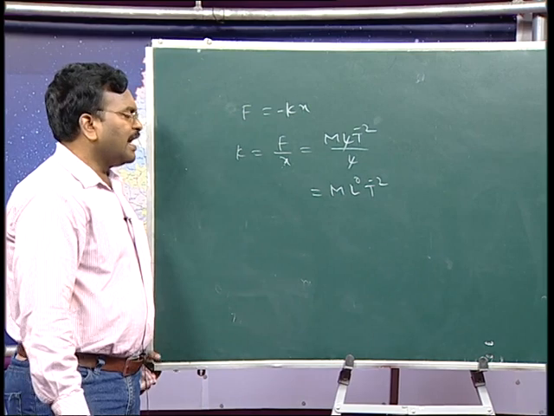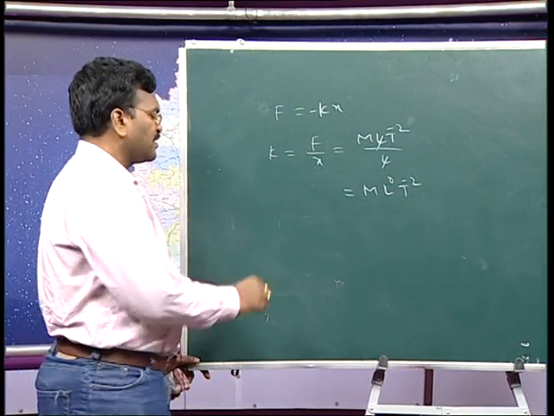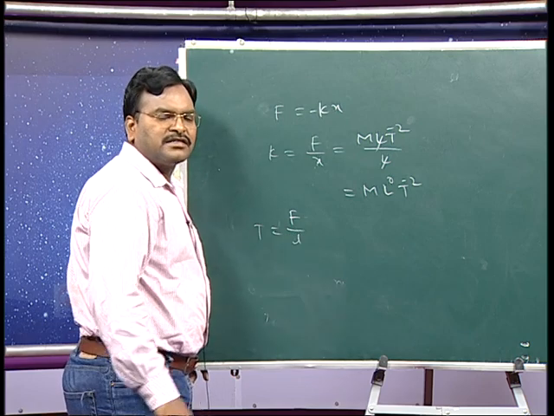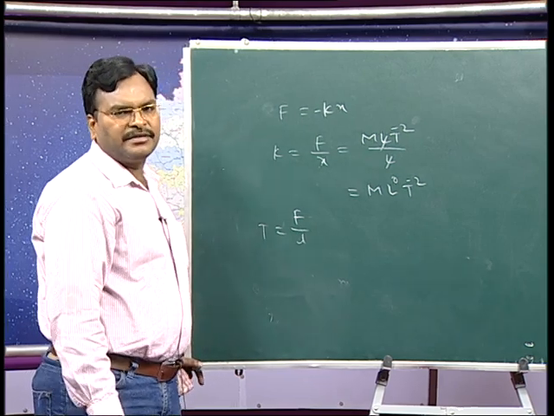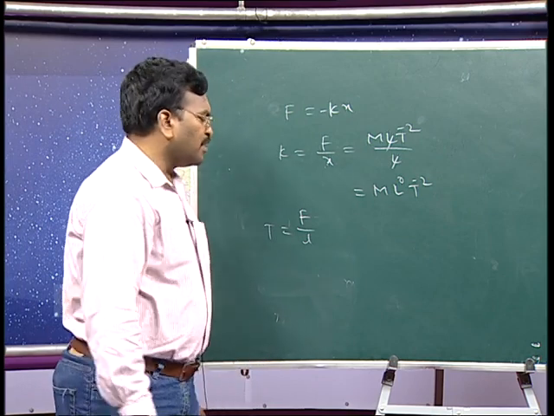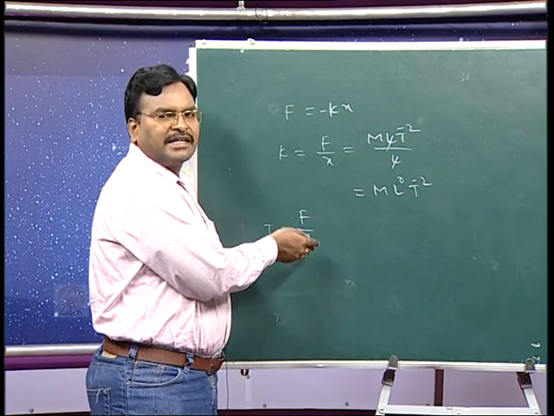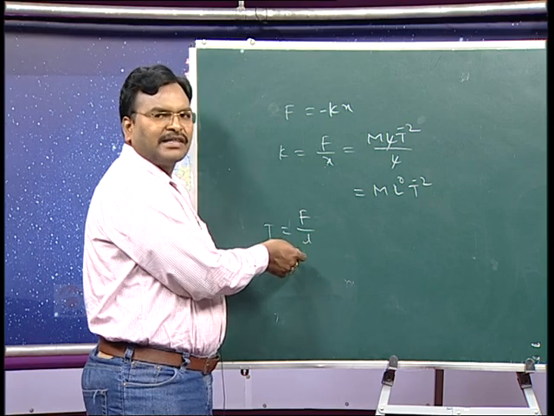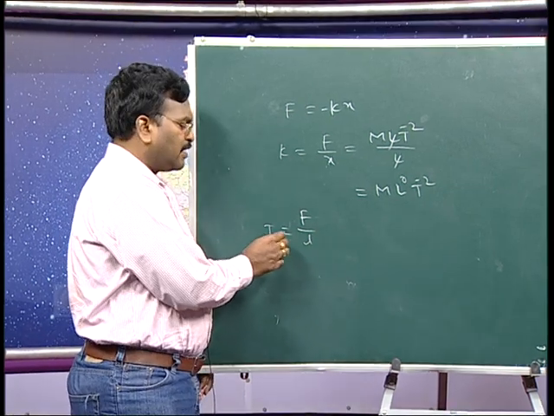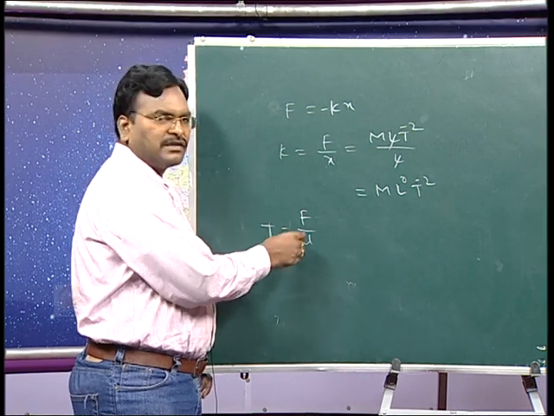And also we have surface tension. Surface tension is equal to what? Force by length. Surface tension is the property of a liquid. What is the formula for surface tension? Force acting per unit length of an imaginary line drawn on the free surface of a liquid. So the formula is F/L.